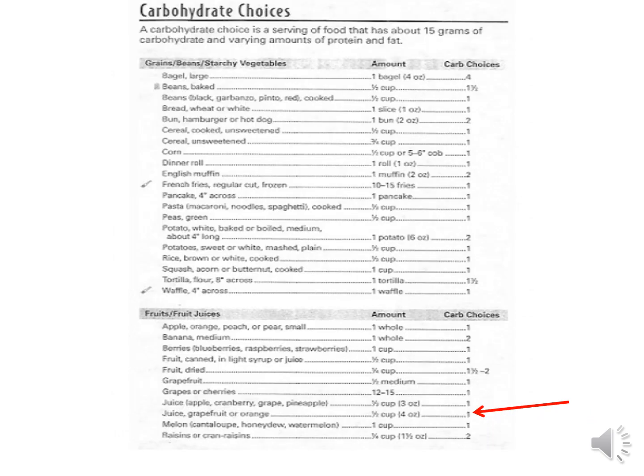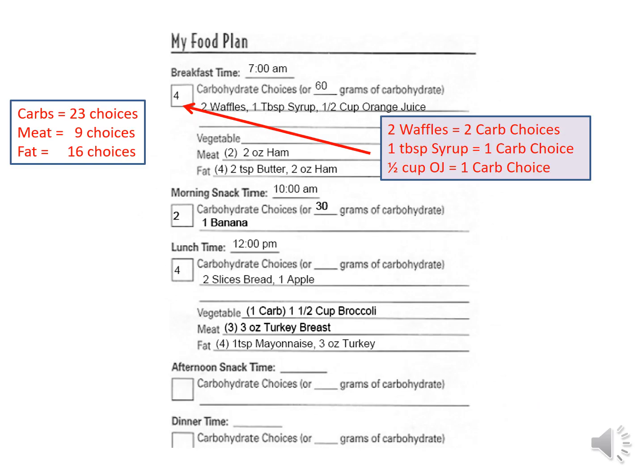And then I decided I'm going to have some orange juice, and a half cup is 1 choice. So as you can see, I had the 4 choices for carbohydrates: I decided to have 2 waffles, which was 2 choices, 1 tablespoon of syrup, 1 choice, and half a cup of orange juice, which is 1 choice. So that gives me my 4 choices.